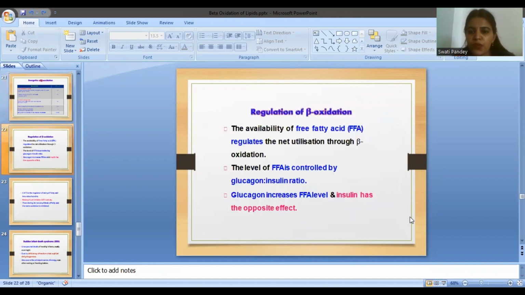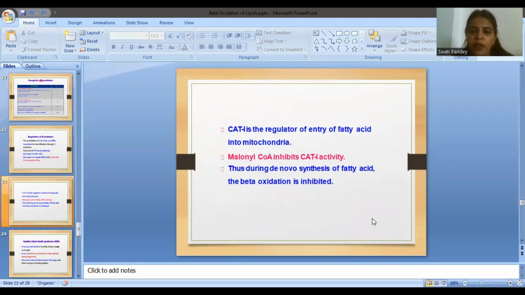Now coming to the regulation of the beta oxidation. The availability of free fatty acid is the main unit for the regulation of the utilization of FFAs through beta oxidation, as the level of FFA is controlled by the glucagon and insulin ratio. As the glucagon increases, the free fatty acid level increases, and insulin has just the opposite effect on the free fatty acid level.